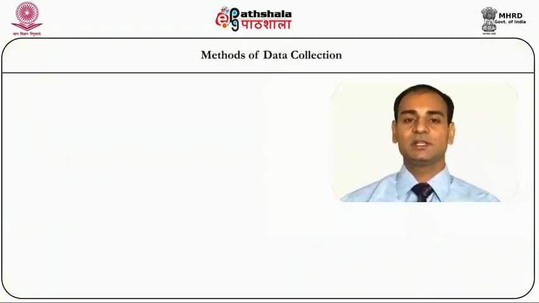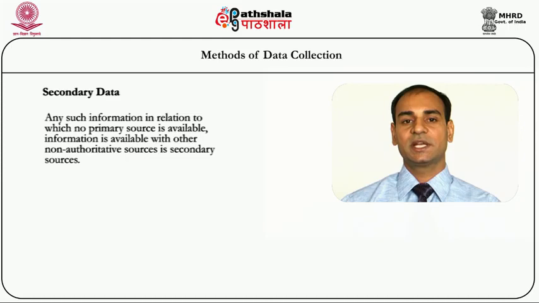After the primary data, the second category of data on the basis of authoritativeness is the secondary data. All such information, data and facts which are gathered through a non-authoritative source are considered secondary data. Secondary data is always second to the primary data.